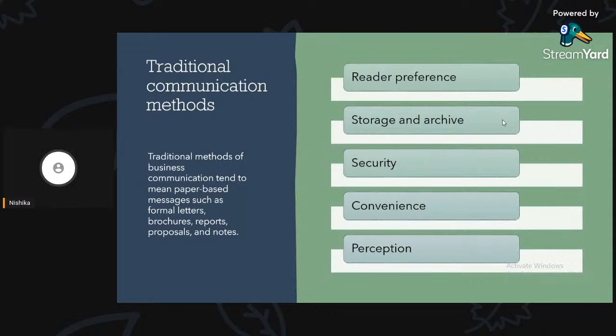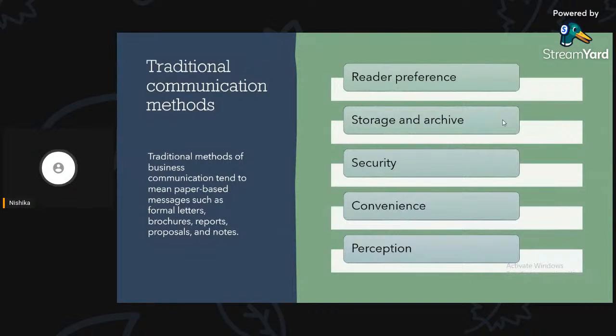Some people prefer to read information from a sheet of paper rather than a device screen, or prefer to read a novel from a hardbound book versus on a tablet device. In communication, it's all about the receiver instead of the sender. So by putting the receiver first, the message will be more effective.